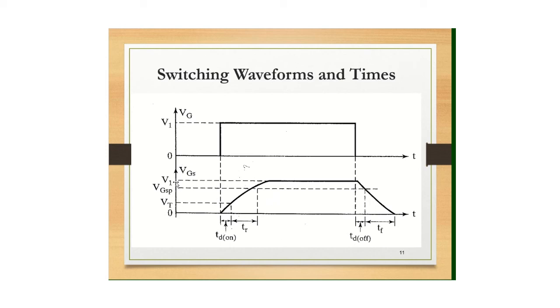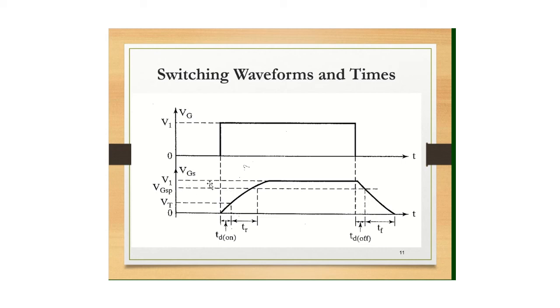Based on the condition of the voltage across gate and source terminals, you decide the different regions of operation of the device: cutoff region, pinch off region, saturation region, or the linear region. So it depends on the timings or the different position of this VGS voltage.